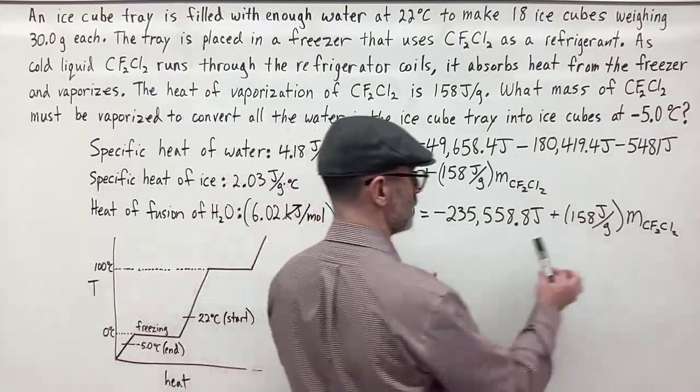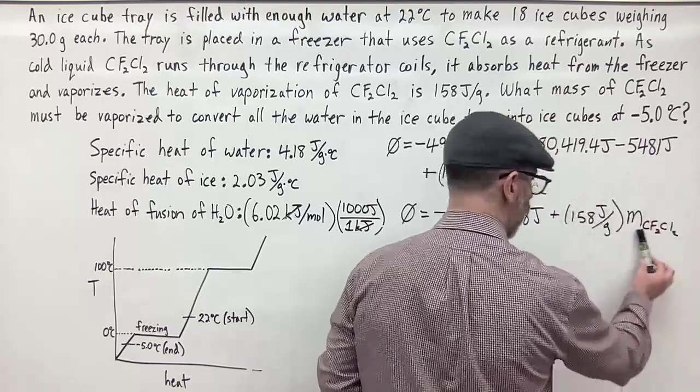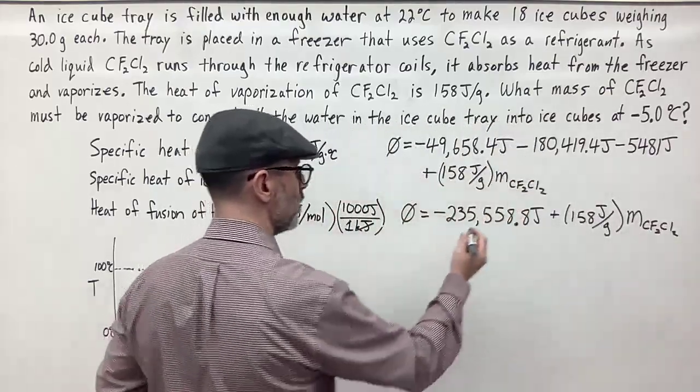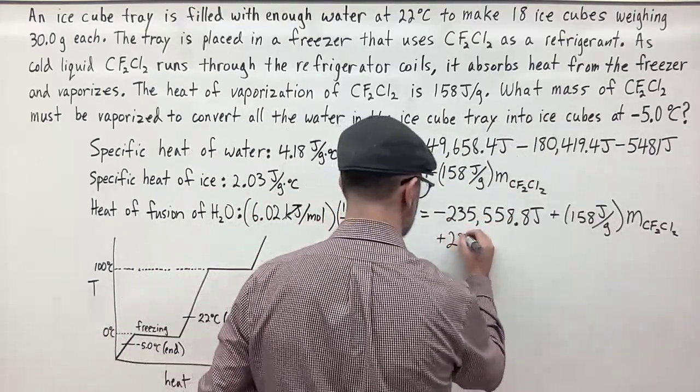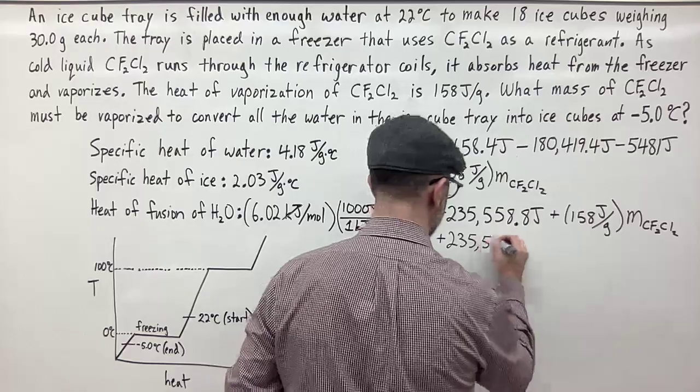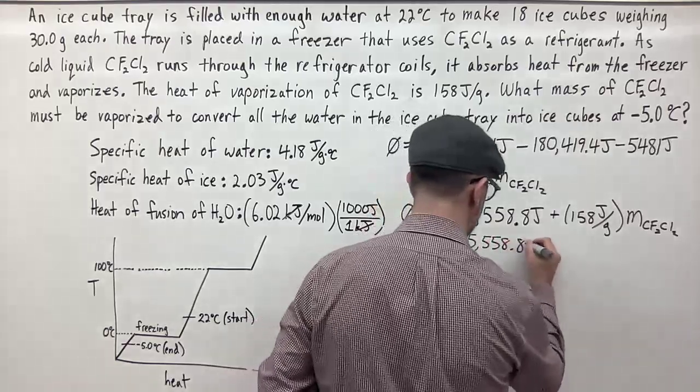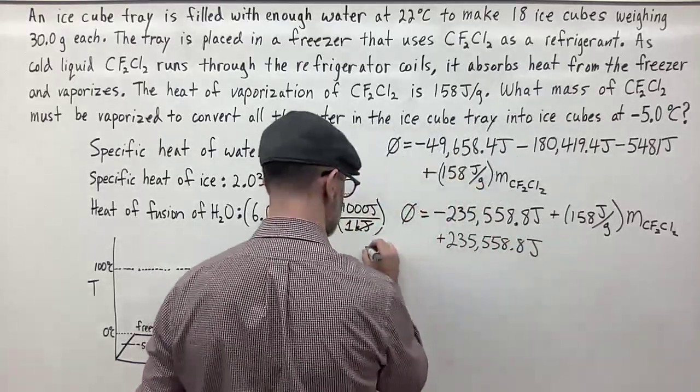Now I'm going to bring this over to the 0 side. I want to separate this so I can solve for the mass. So I'm going to add 235,558.8 joules to both sides.